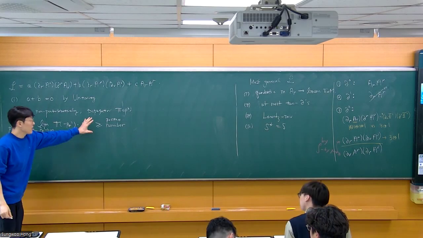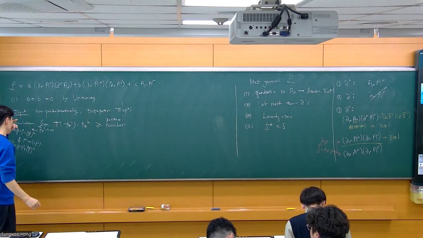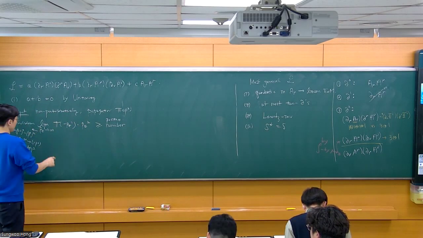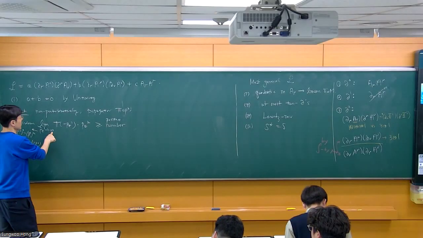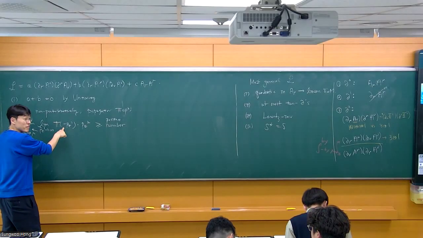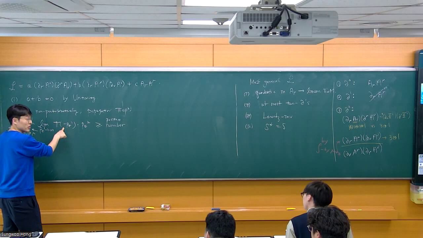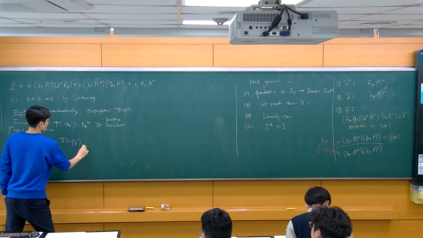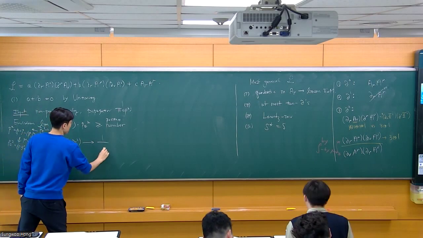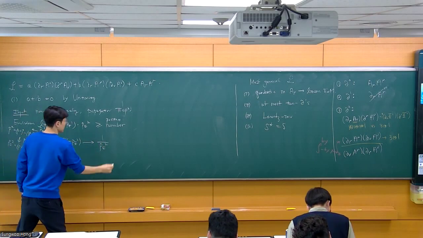So first of all, let me say the meaning of this expression. What it means is that as momentum goes to infinity, the propagator, which is the two-point function, behaves like 1 over p squared.